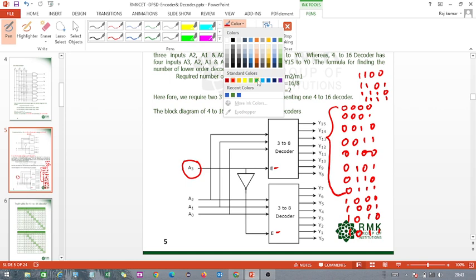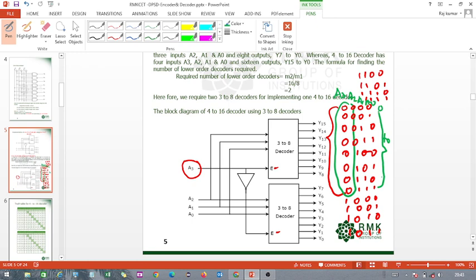So to make A3 as 0, if you provide 1 here, it will become 0 here. Got it? So here if you give 0, this becomes 1. So when the input is 0, you can make use of A3 to enable the ICs.